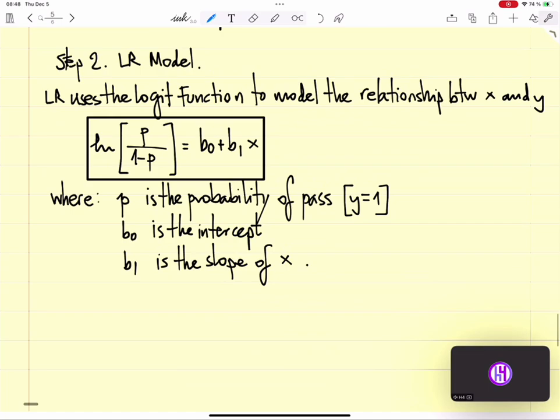If we do a little bit of reformulation, p divided by 1 minus p equals the exponential of b0 plus b1x.